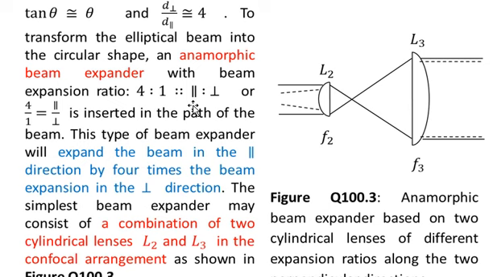So this is the expander that will be inserted in the path of the beam. This type of beam expander will expand the beam in the parallel direction by 4 times the beam expansion in the perpendicular direction.